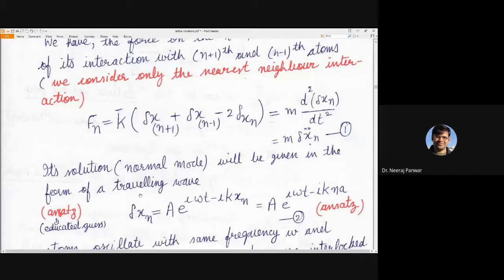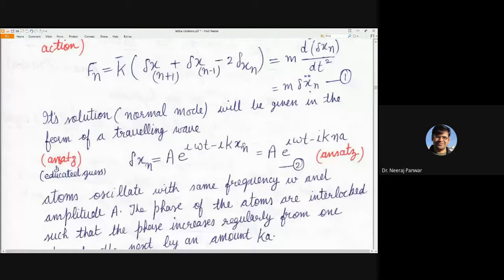It represents a traveling wave of the form delta xn is equal to A e to the power i omega t minus i k xn, where A is the amplitude, and xn we know is equal to na. So the solution is delta xn is equal to A e to the power i omega t minus i k na.